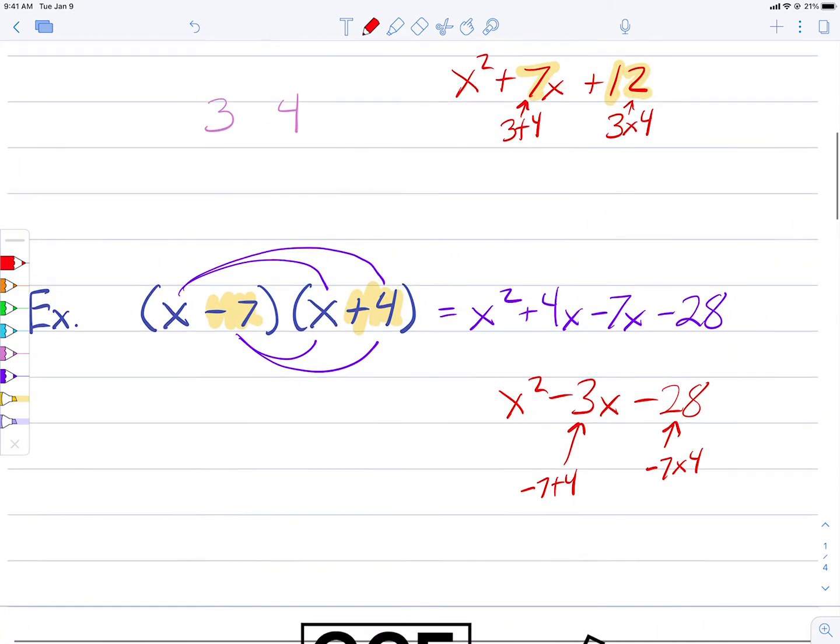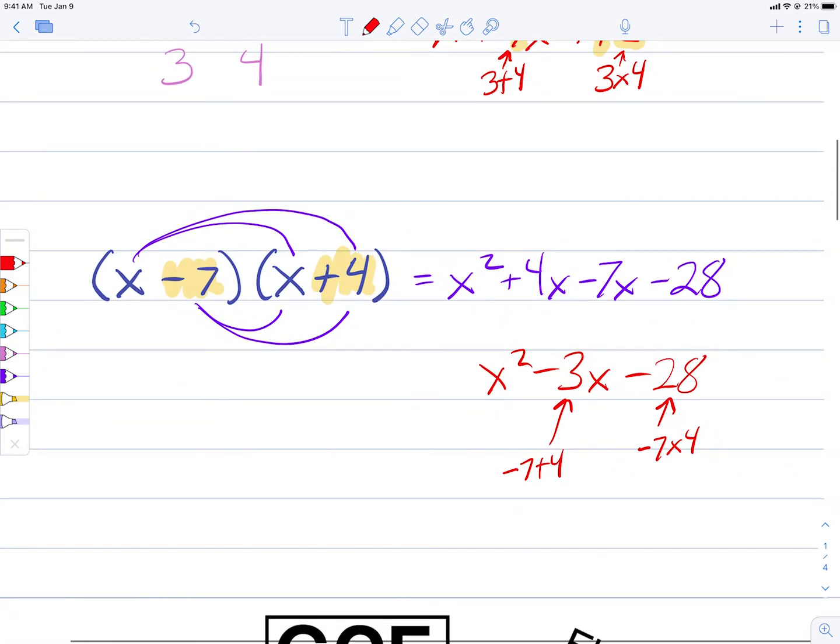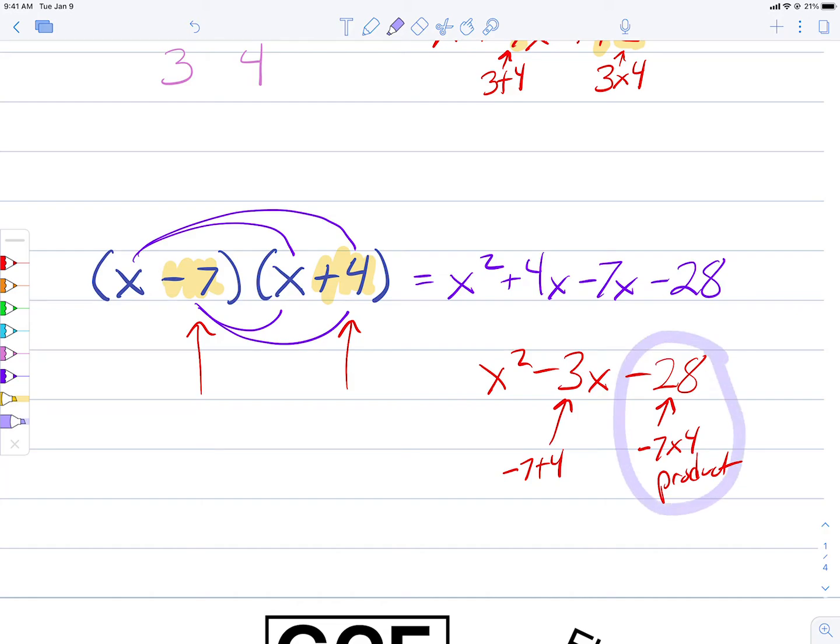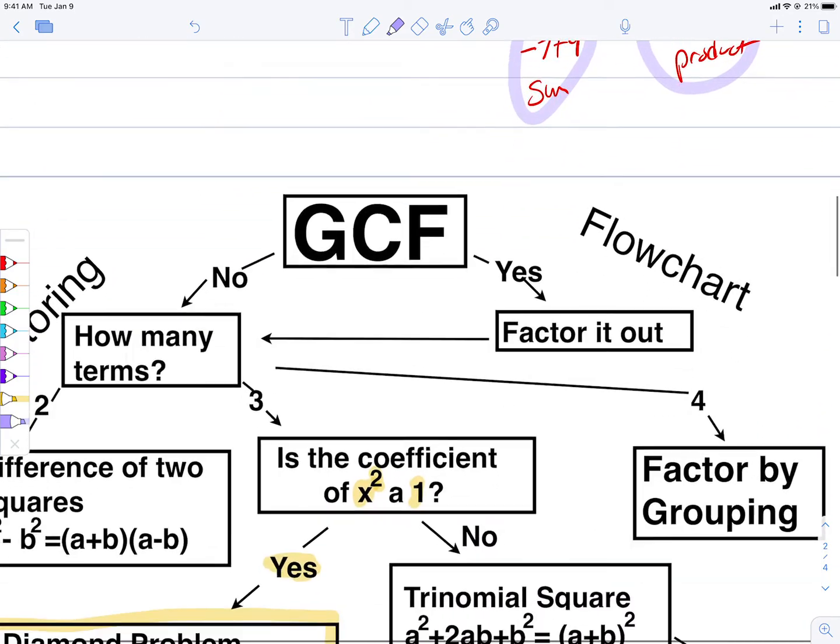Well, what did we have up here? We had an answer of negative 4 and 7, where the product was the constant and the sum was the coefficient of x. That's exactly what we're doing, but in terms of a diamond problem.